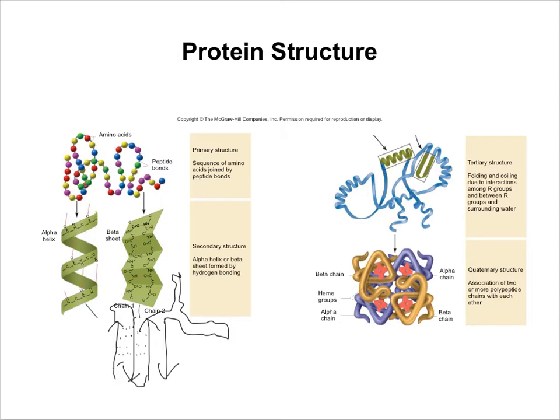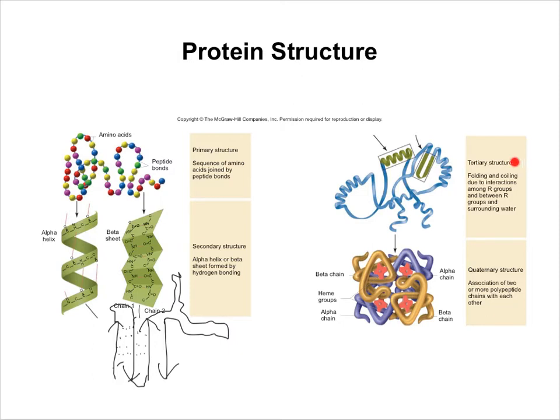Now, so far we've had primary structure, and we said this was determined by covalent bonds between the amino acids, those peptide bonds. Secondary structure is determined by hydrogen bonds between the backbones, not the R groups.